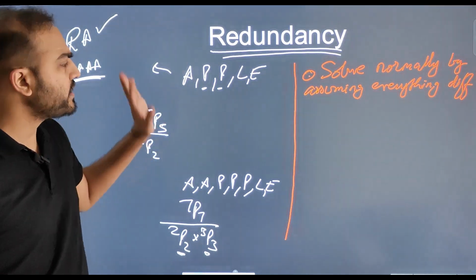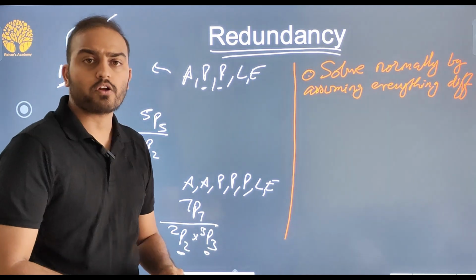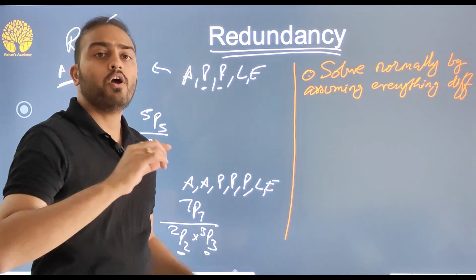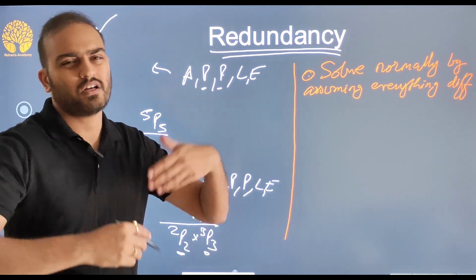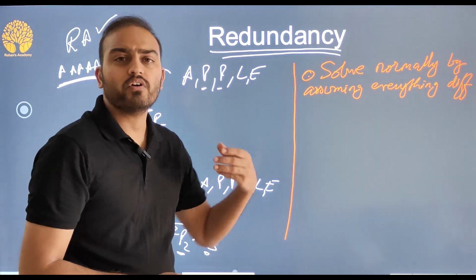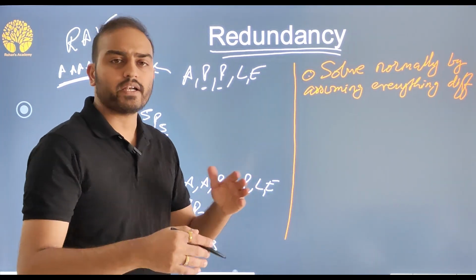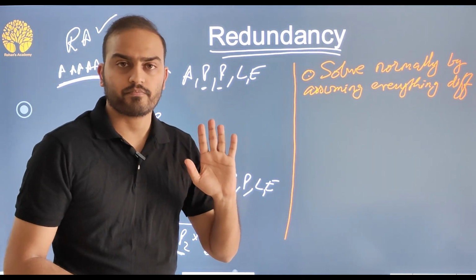They say vowels should come together, vowels should not come together, all the letters should come together, or all the P's should come together or not come together, begin with a vowel, end with a vowel, begin with a consonant, whatever constraints they put, solve the question normally.